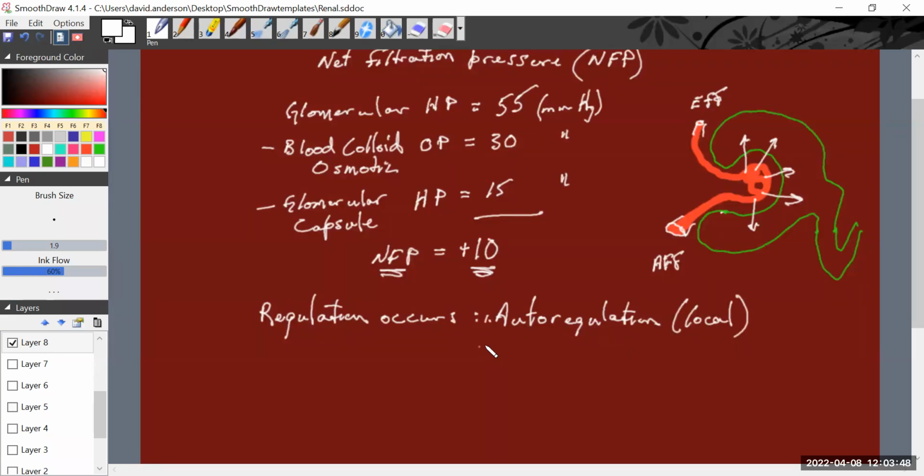We mentioned those last week when we talked about the juxtaglomerular apparatus. So we'll talk a little bit about it again as a reminder. But also we're going to have nervous system mechanisms, and we're going to have endocrine mechanisms.